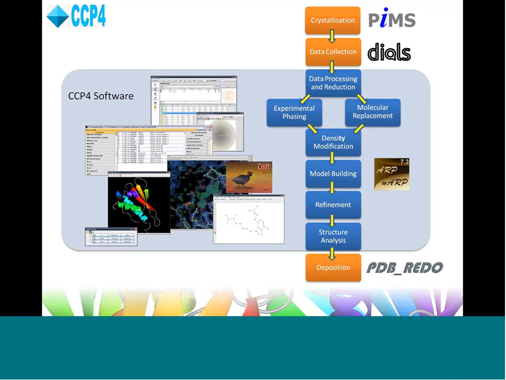There's also a new next generation data collection and data processing software package being developed called DIALS as part of the BioStruct-X pan-European project. And then at the end, for structure validation and deposition, we have strong ties with the PDB-REDO group from the Netherlands, some of whose software will be made available through CCP4 in the near future.